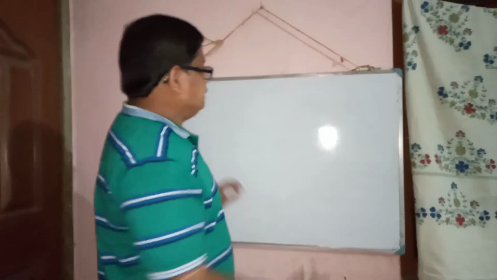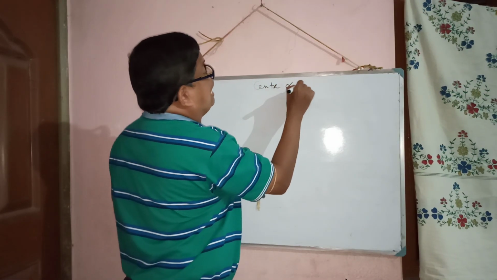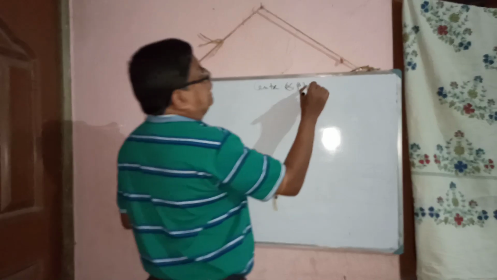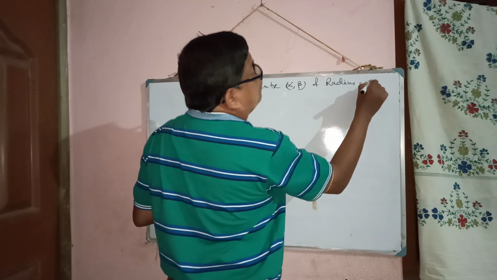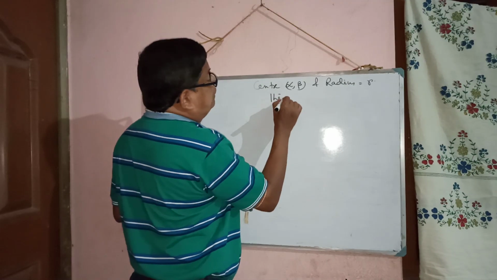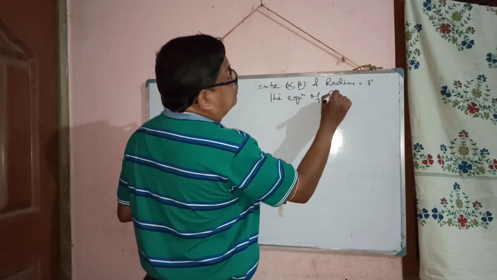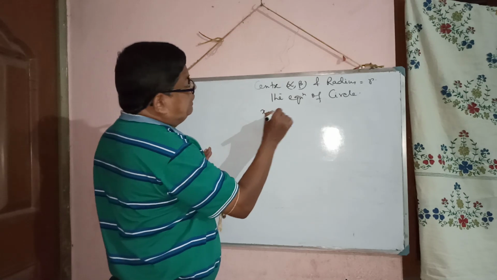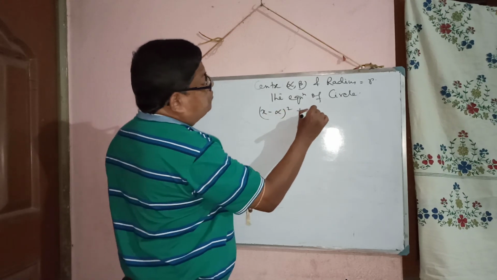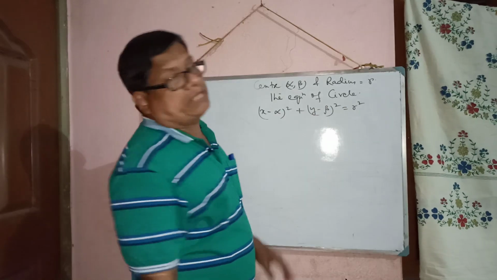Next, suppose the center is alpha beta and the radius is r, then the equation of the circle will be x minus alpha whole square plus y minus beta whole square equal to r square.